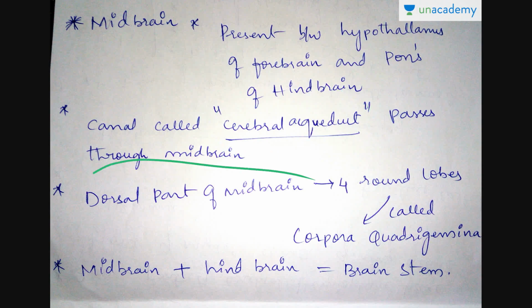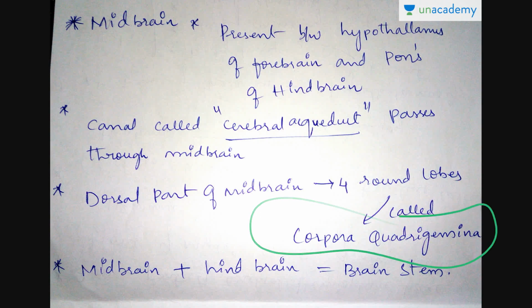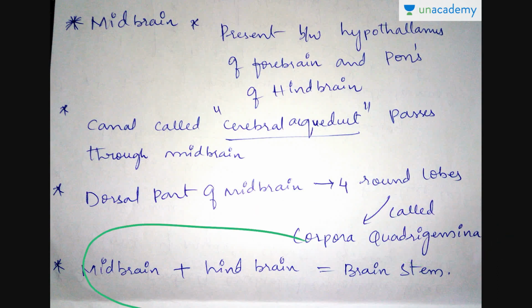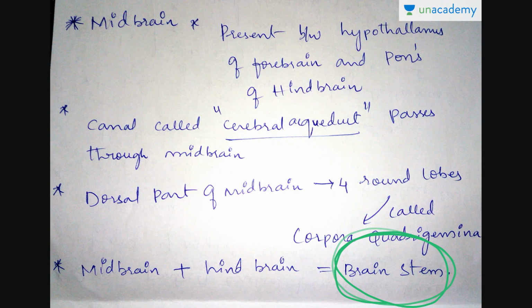The dorsal part of the midbrain has four round lobes. They are called corpora quadrigemina. Midbrain plus hindbrain is called brainstem. So brainstem is made up of midbrain along with hindbrain.